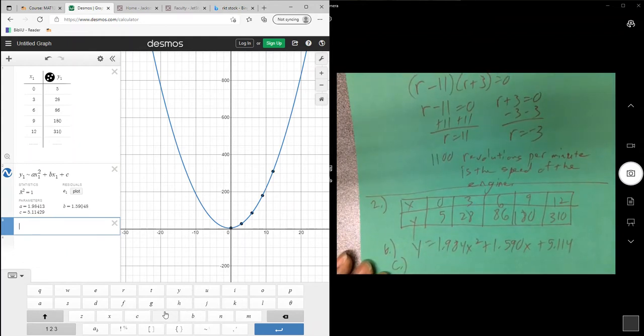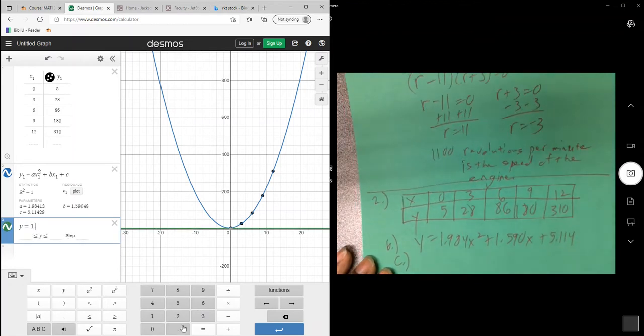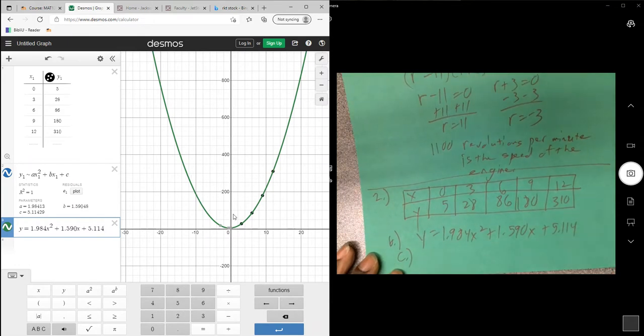So we would hit y is equal to 1.984x squared plus 1.590x plus 5.114. So now we graphed it. And if you notice here, it basically almost exactly lies on top of this graph here.